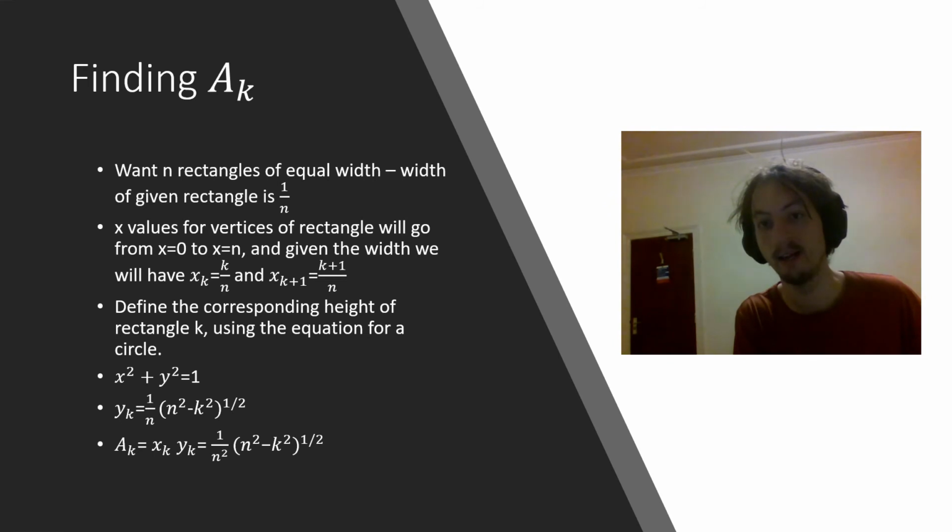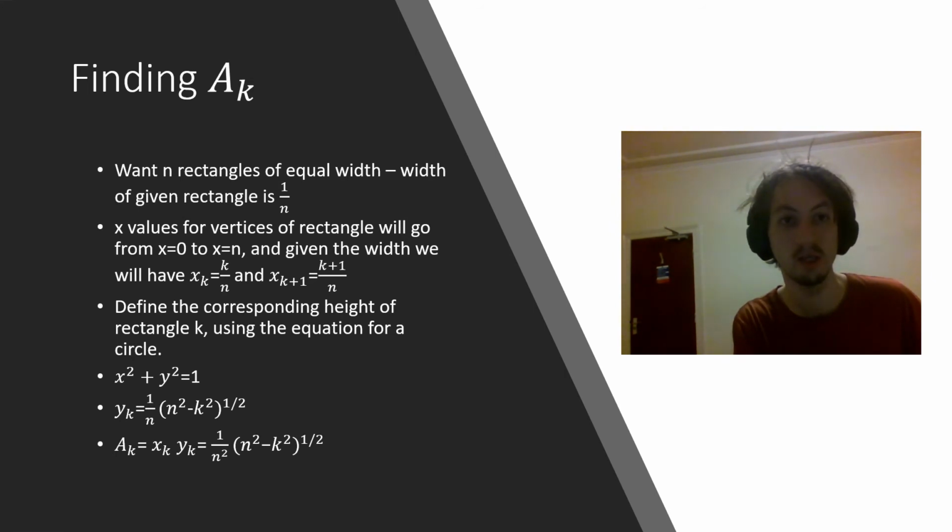And for large values of n, the distinction isn't very important when we're just finding an approximation. And therefore, for simplification, I've used x subscript k, though you could use x subscript k plus 1. You'll come up with a different approximation. It will result in the same thing in the limit that n goes to infinity. But for simplification, I'm going to use x subscript k to find my height of the kth rectangle, which is given by y subscript k.